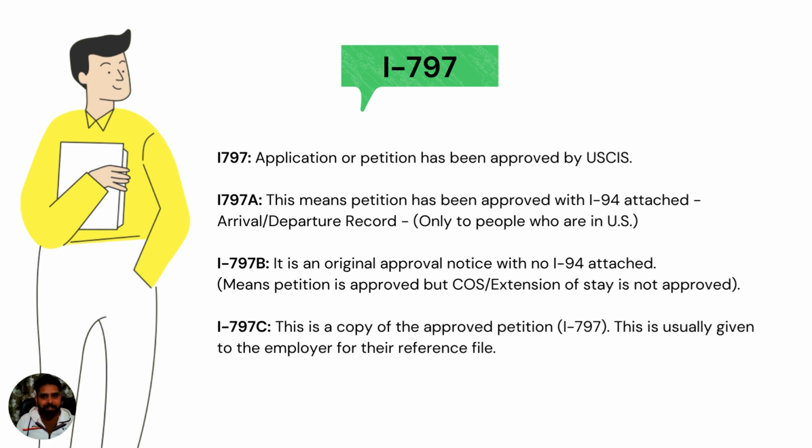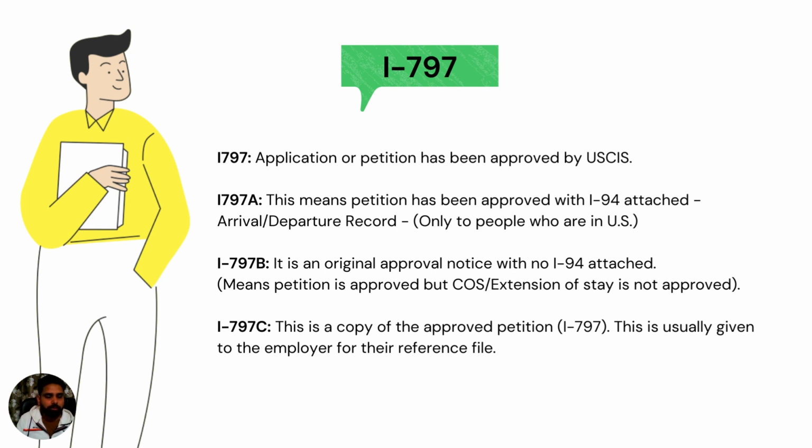So that is the I-797 explanation. First, I-797 simply says your application or petition has been approved by USCIS. Now, I-797A: if USCIS provides I-797A, it means your petition has been approved with I-94 attached, meaning your arrival and departure record is also attached.